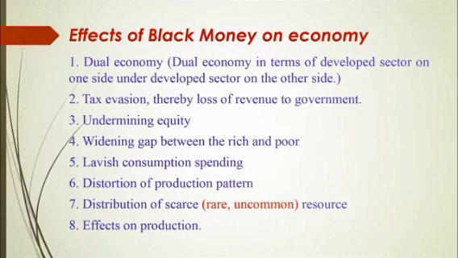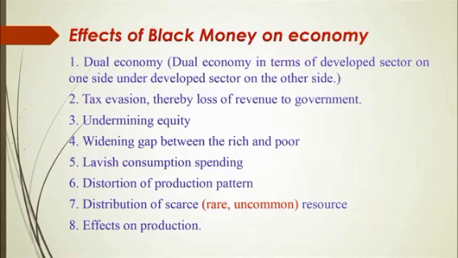Next, lavish consumption spending. Here, lavish means very luxurious or very rich spending. The next one is distortion of production pattern. So, because of the black money, there will be a slight distortion in the production sectors.